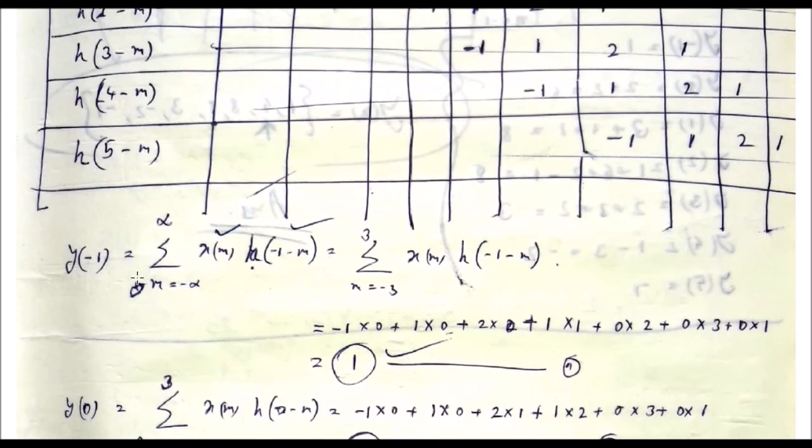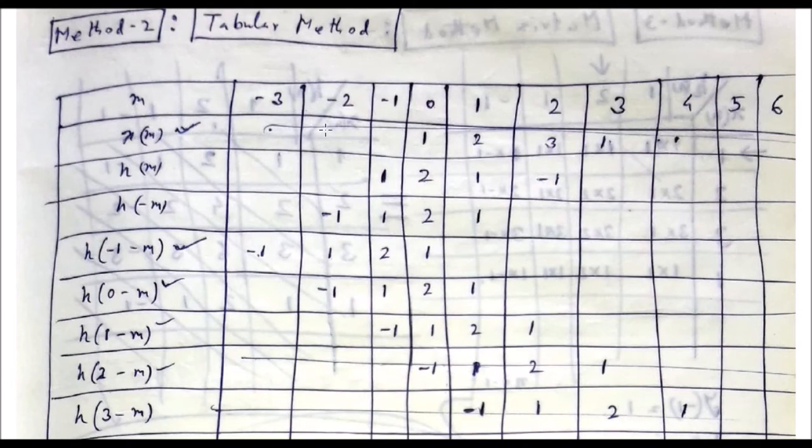After that, you have to calculate first the y of -1. That is the first sample of the convolved signal, or the output. That means you have to consider this signal xm and the right shifted folded signal, this one. Considering these two rows only and ignoring all other rows, multiply column by column.